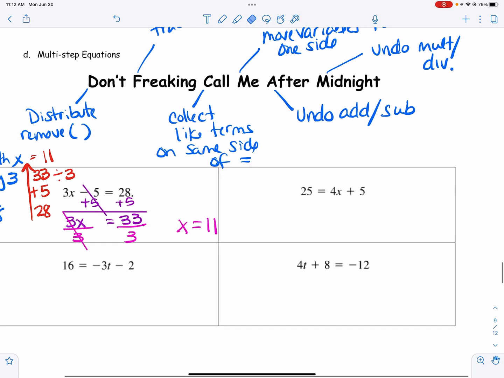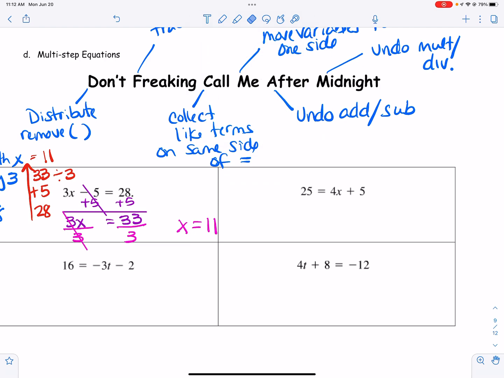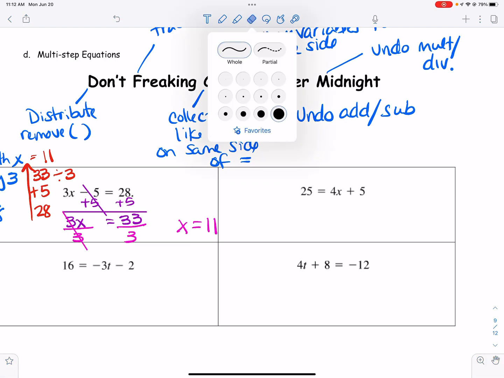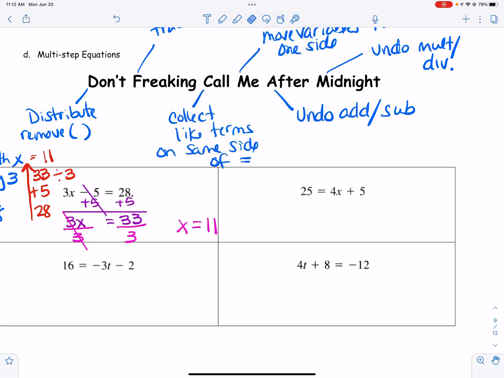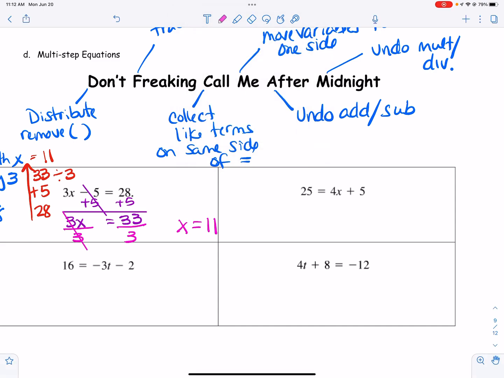It doesn't matter where the variable is. You just have to locate it. And when I locate it, I can see that I am adding 5 to that 4x, so I need to undo the adding 5 by subtracting 5.